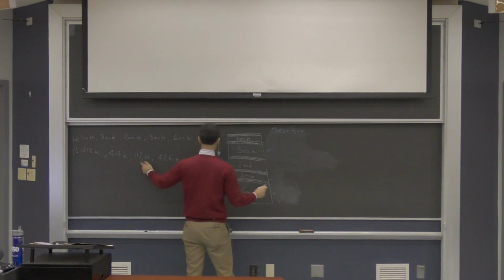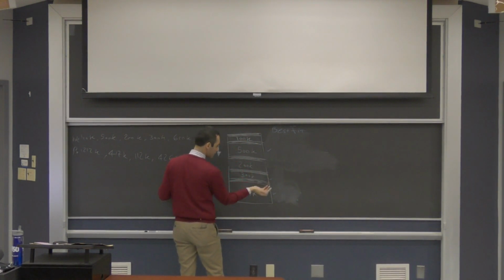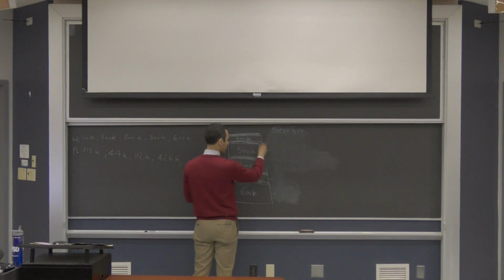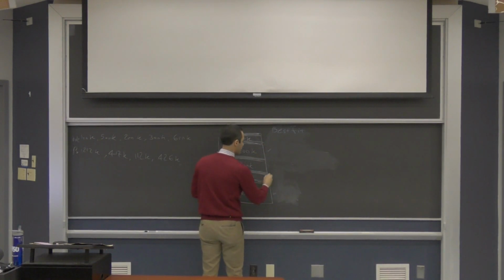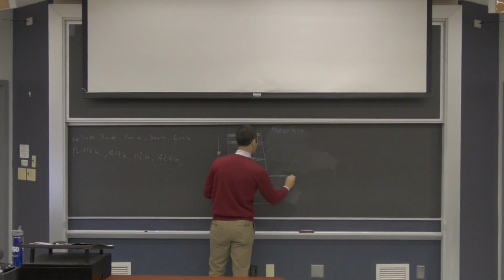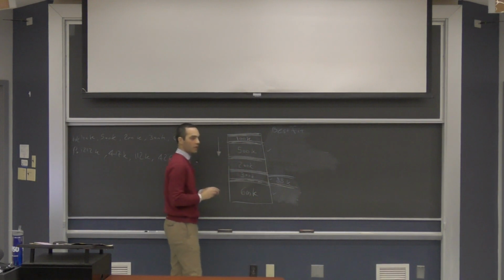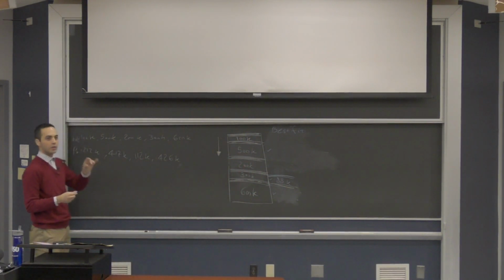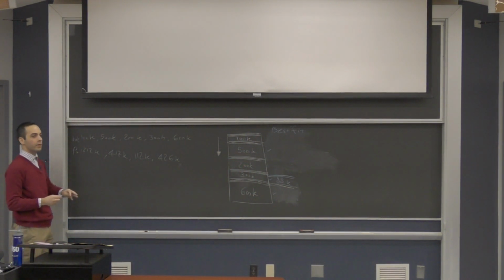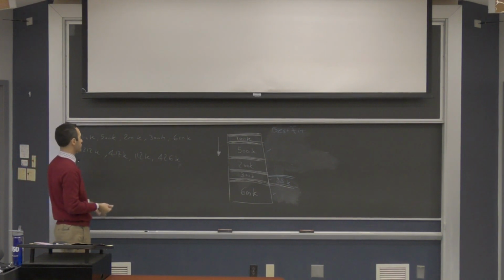I thought it's this one. So it doesn't fit into this, so we're going to pick the 300K. We'll fit the 212K into this, and now we have 88K. And you can already see the issue with best fit is external fragmentation, because you will have small chunks of available memory which are not that useful for the other processes.